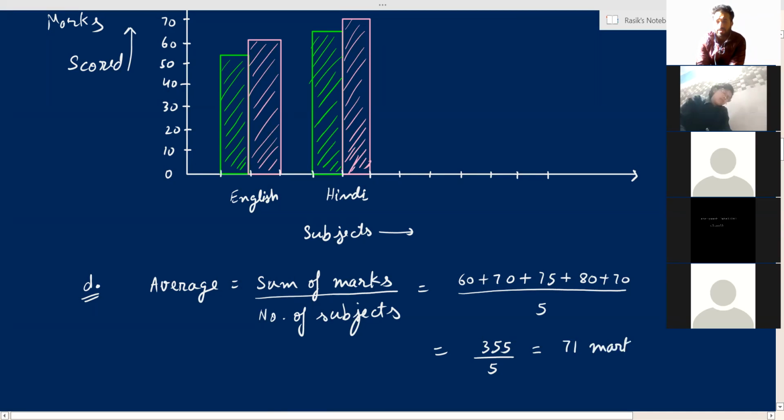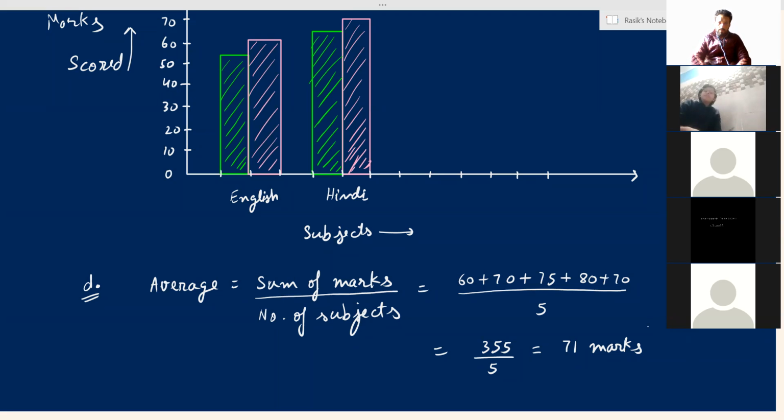This is the average. Got it? Yes, sir, we get 71. So this is the average of marks scored in annual exams.